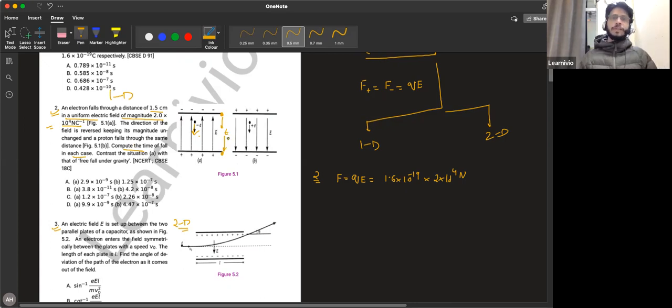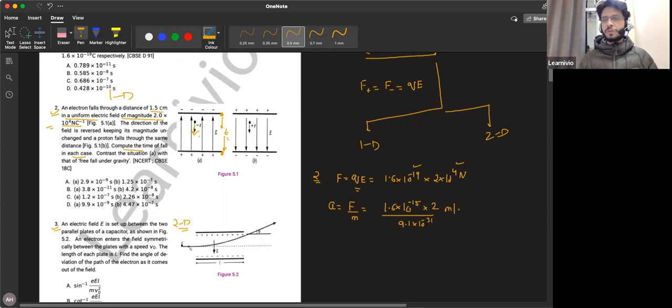So to calculate this time, what you can do is, you have force. Using this force, you can calculate the acceleration, which is force by mass. So your acceleration will be 1.6 into 10 raised to the power minus 19 and 4, so it will be minus 15, into 2, divided by mass of electron, which is 9.1 into 10 raised to the power minus 31 kg.